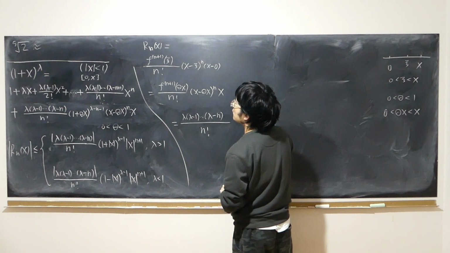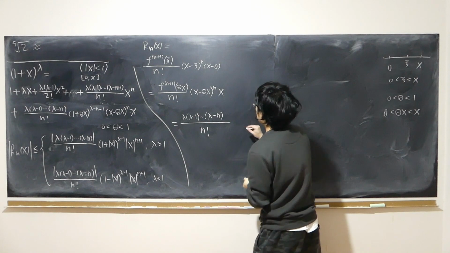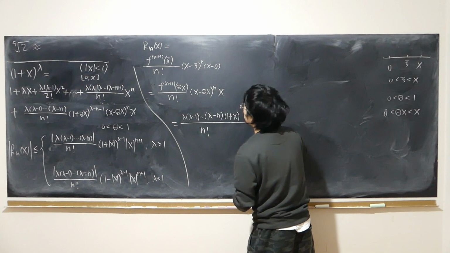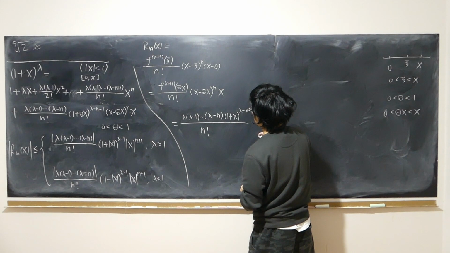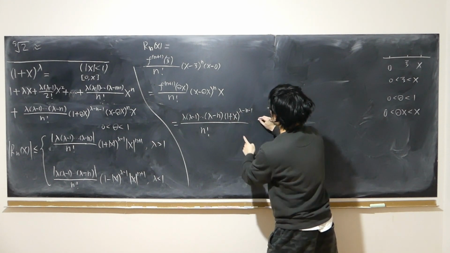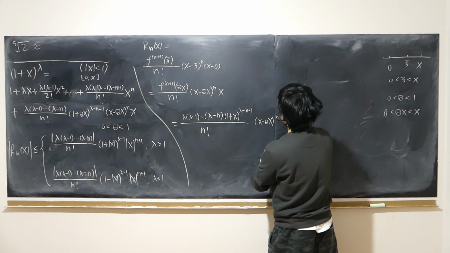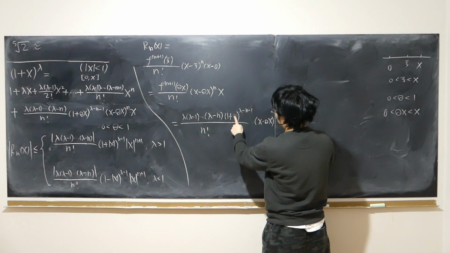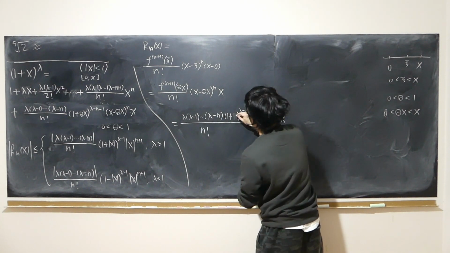So then I have 1 plus x to the power of lambda minus n minus 1. Then I should replace x with theta x, because generally that's any point x.